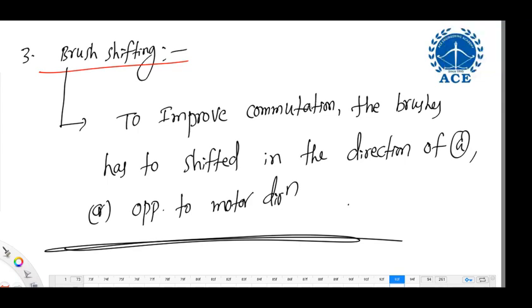Sir, another doubt. Yesterday you told that while finding the armature flux inside the armature conductor, the flux direction is from south to north. When will we take south to north and when north to south?